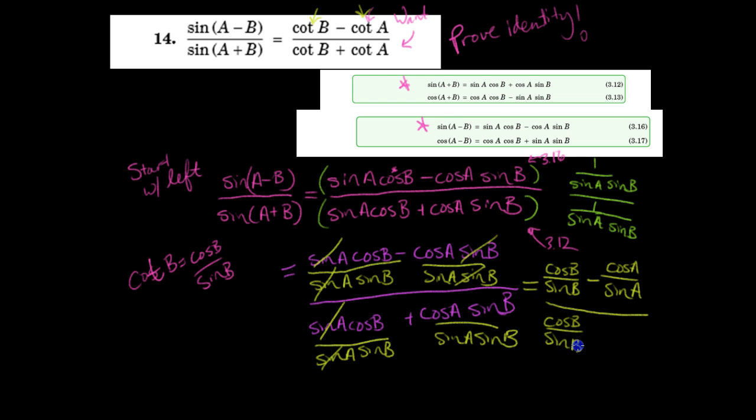That is, in fact, cotangent. Plus, sine B's cancel out. We've got cosine A over sine A. So that's equal to cotangent of B minus cotangent of A over cotangent of B plus cotangent of A. Hey, we demonstrated that. QED.